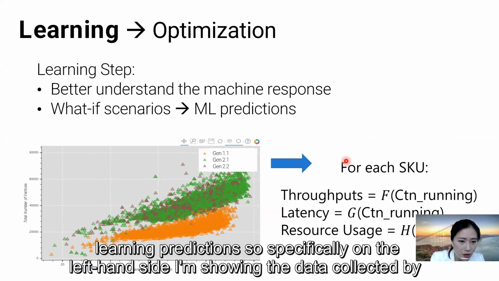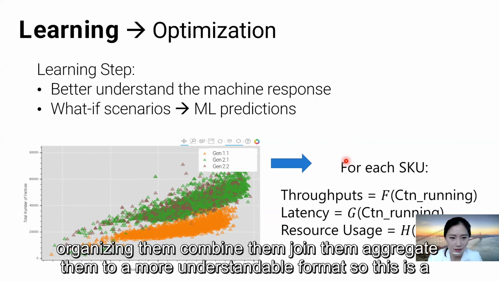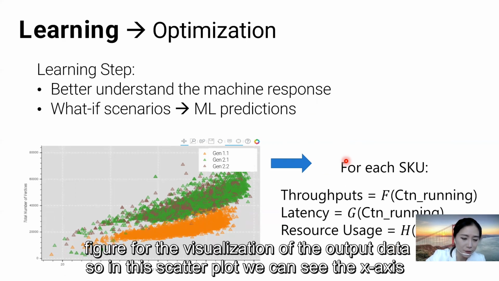Specifically, on the left-hand side, I'm showing the data collected by the KEA data pipeline. Every day, KEA keeps collecting the telemetry data from the cluster, organizing, combining, joining, and aggregating them into a more understandable format. This is a figure for the visualization of the output data.